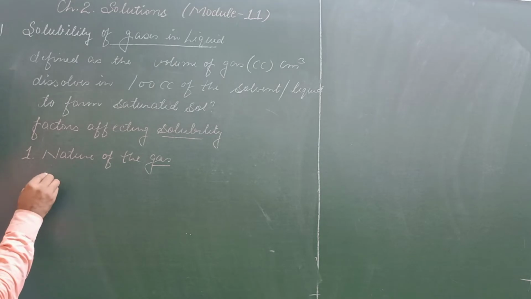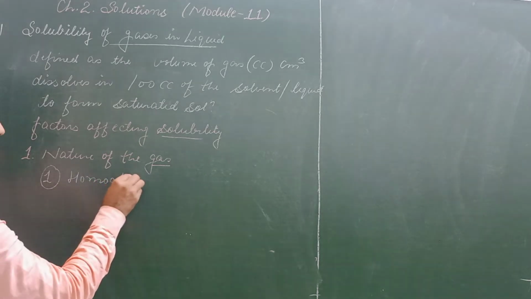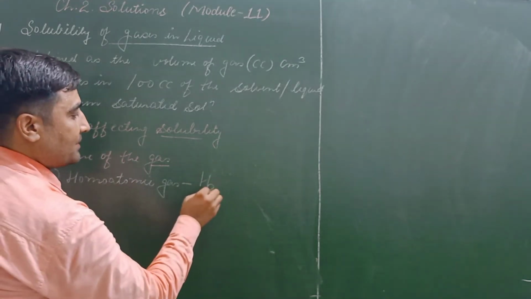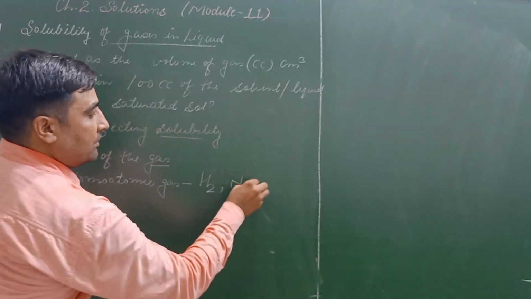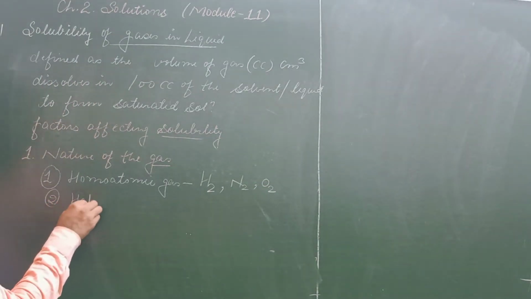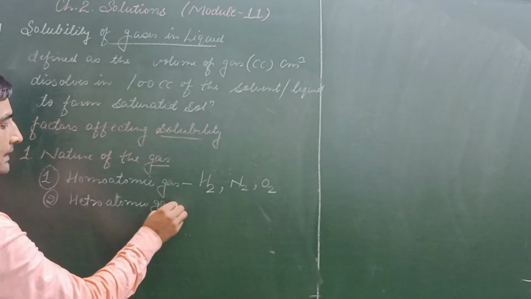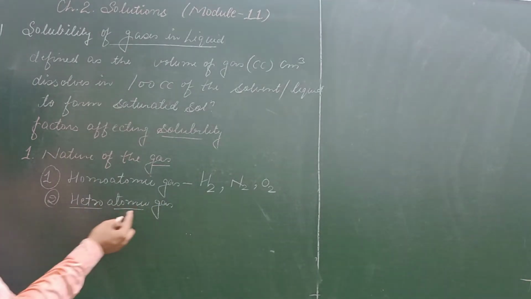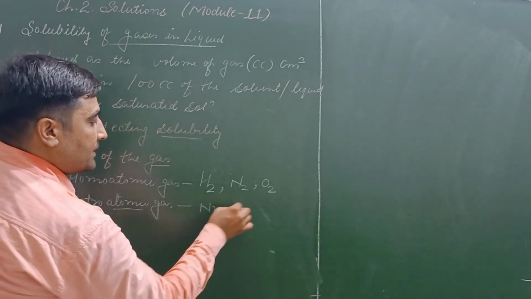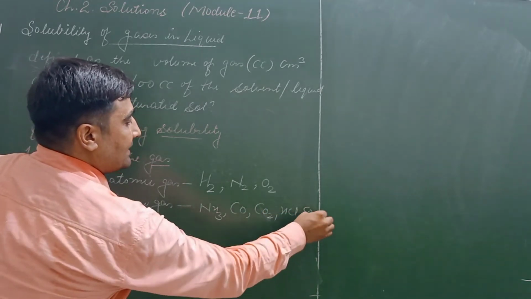The first type is homoatomic gases, which have the same atoms, like hydrogen, nitrogen, oxygen. And the second type is heteroatomic gases, which have different types of atoms. For example, we have NH3, CO, CO2, HCl, SO2, such types of gases.